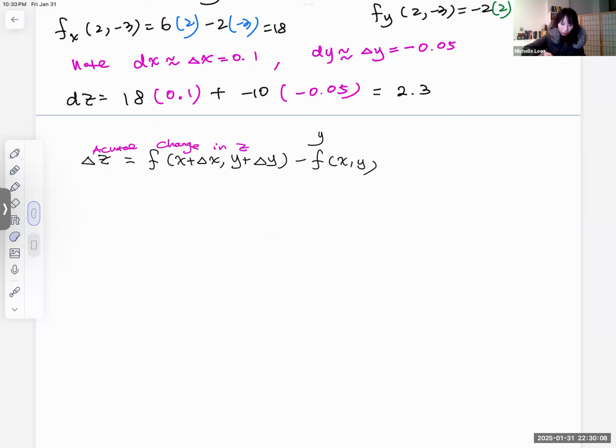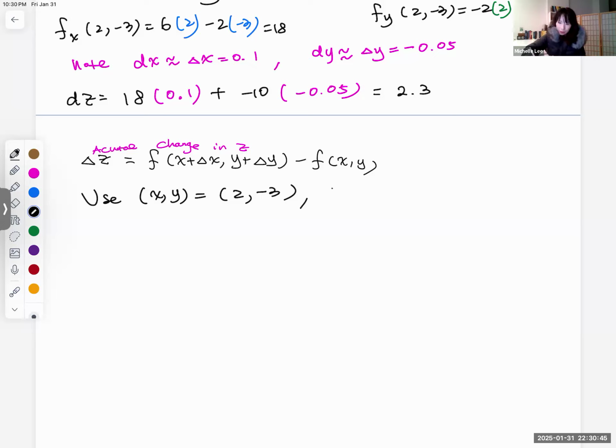We are using 2, negative 3 as x and y, which we used as x naught, y naught, right?